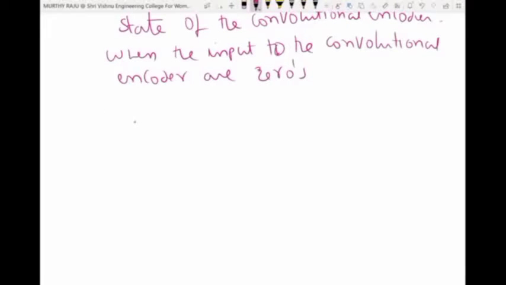Now I am going to explain trellis structure construction with the help of an example.